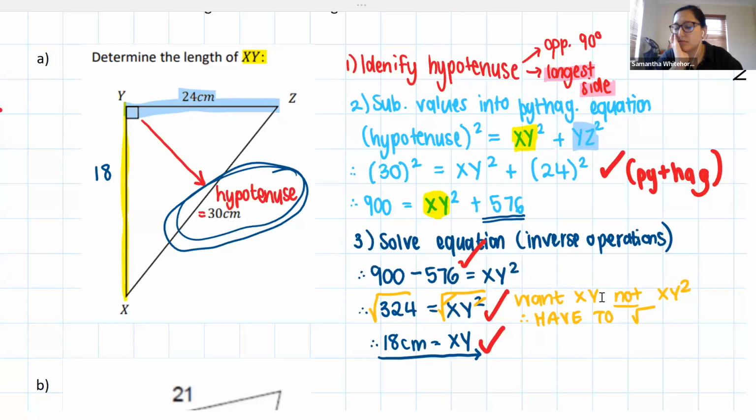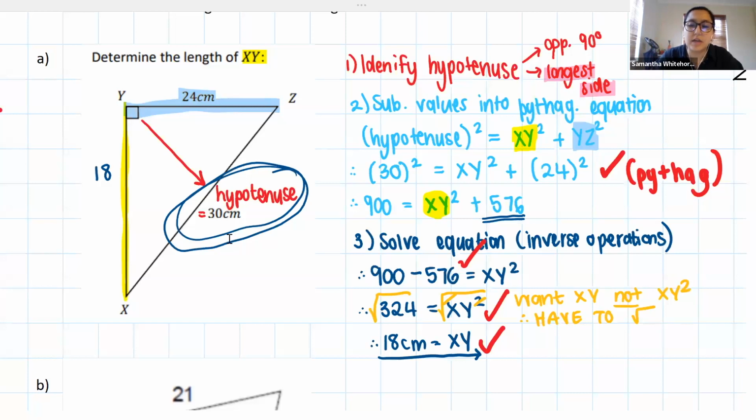WV represented 13 squared, and then UV represented 5 squared plus YW squared, and then he came up with the answers. I wanted to know, ma'am, for the way you wrote 900 equals xy squared plus 576, why didn't we say xy squared equals 900 plus 576?